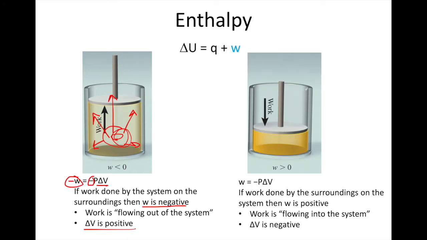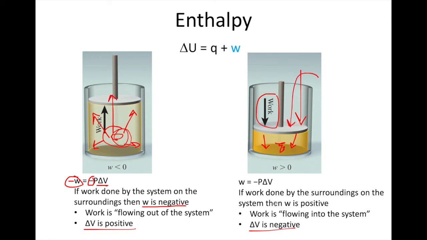Now, conversely, if we have a reaction that takes place in here, and maybe we reduce the number of gas molecules, in this case, the volume would decrease. In this case, work would be done by the surroundings on the system. In other words, the surroundings are pushing against this, pushing it down, decreasing the volume. So here, our delta V is going to be negative, but work is essentially flowing in, not out.